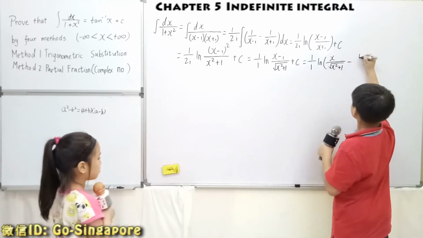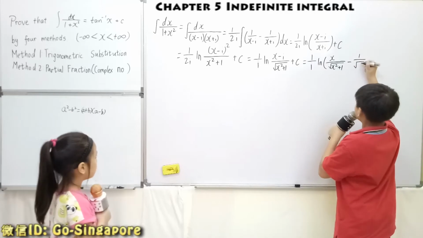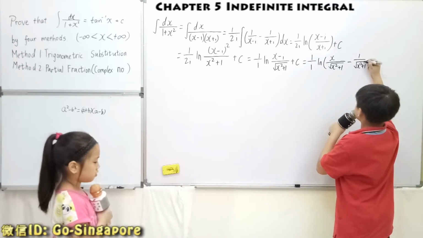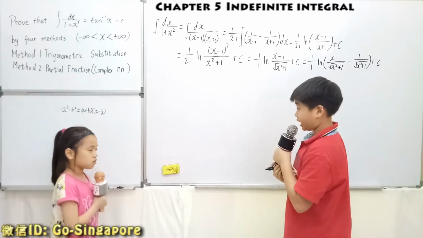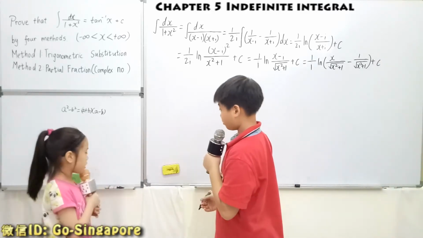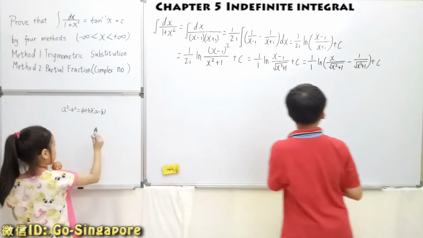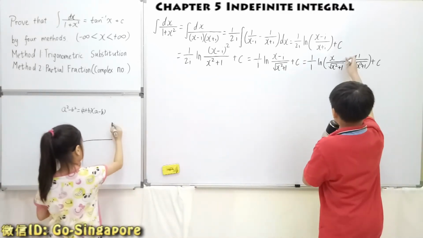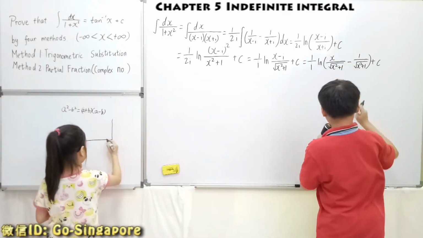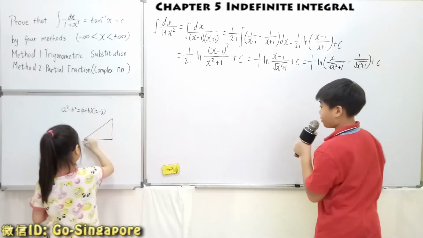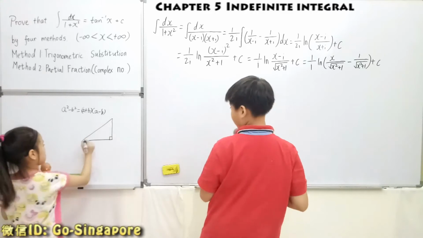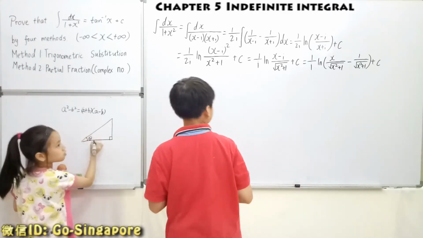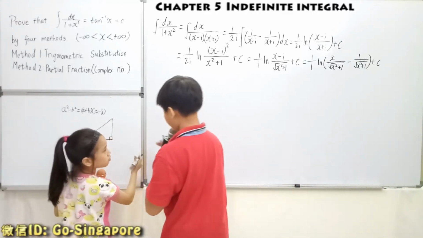Right now for this, what do you think the triangle will be like? The triangle. Can you draw it out? Okay. So let me tell you that this is the real part. This is the imaginary part. Okay, so the real part is along the x-axis, right?